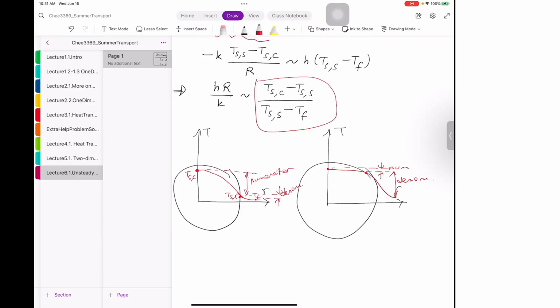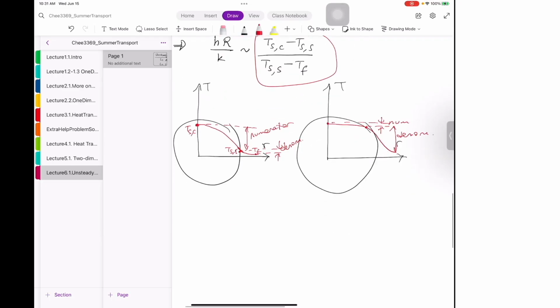Right or left? The second case, the right case? The right case, exactly. So in this case, I can assume T is a function of time only, not position. The T solid is a function of time only.